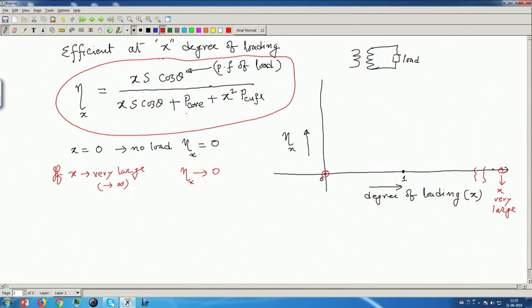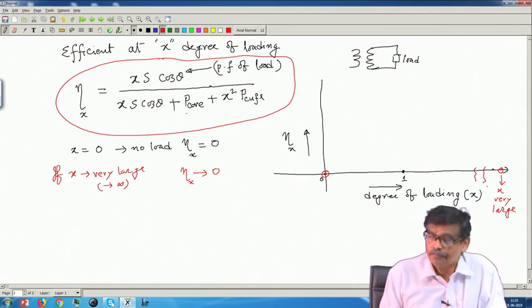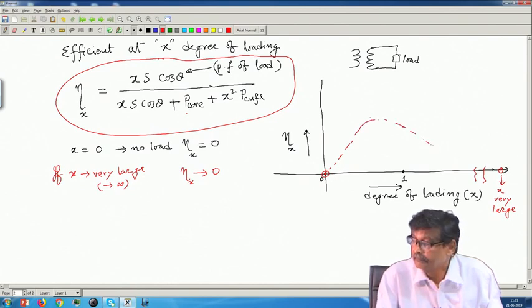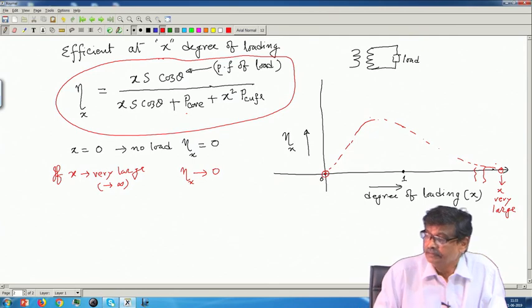Therefore, from 0, if I increase the value of x, efficiency is expected to have some finite numbers, it will grow up, but once again it has come to 0. So, it is expected this curve will be something like this here. Is not? It has to be.